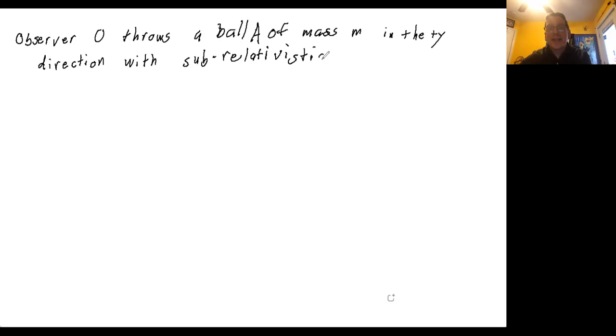This is a simplified version of the derivation. There's a more general derivation that's more complicated, but if you understand this, you can see how the more general derivation is going to go.